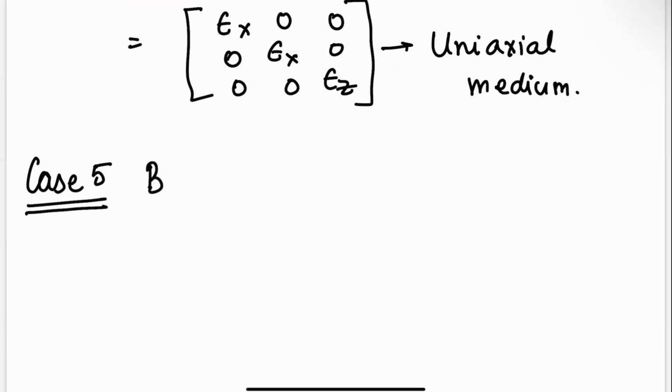Okay, so case 5, which is probably the last case we'll do today, is bi-anisotropic media.